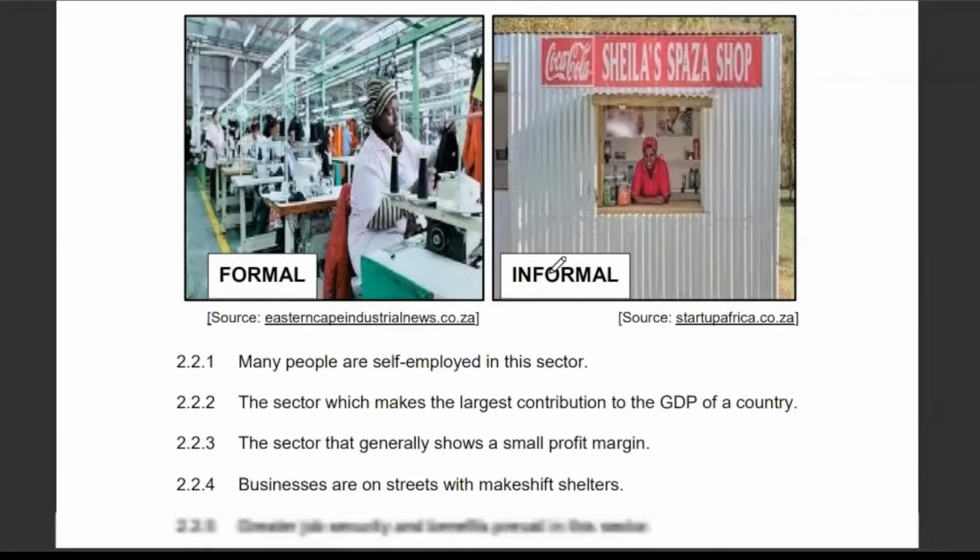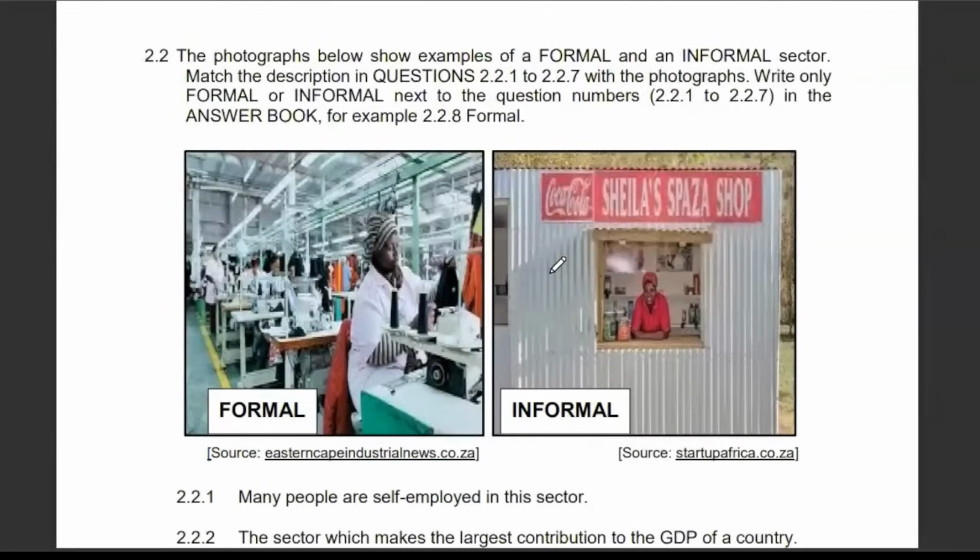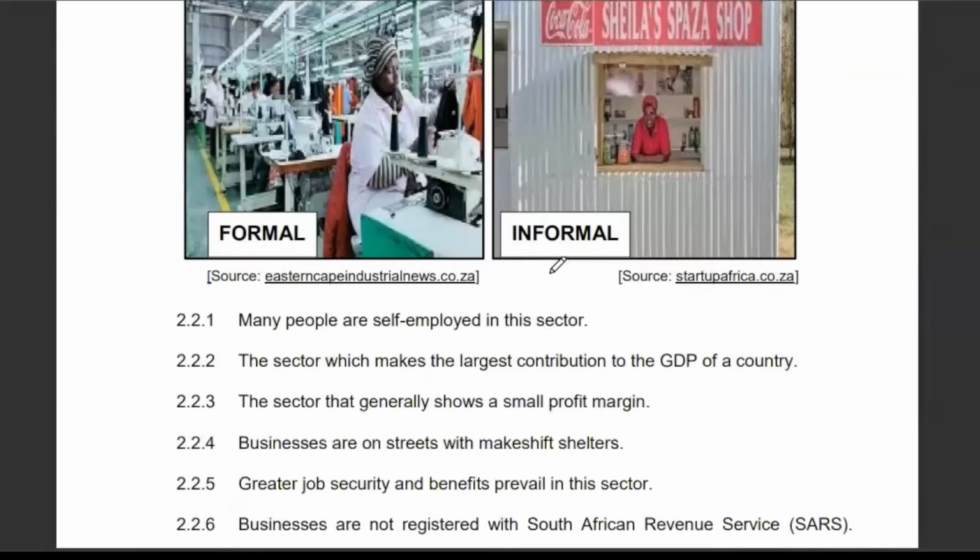Right, so we are supposed to answer our questions based on formal or informal. Many people are self-employed in this sector. People who are self-employed are in the informal sector. You do your own trading business, you are in the informal sector. The sector which makes the largest contribution to GDP of a country is formal, the registered businesses.